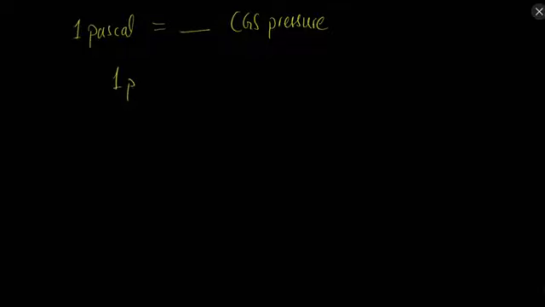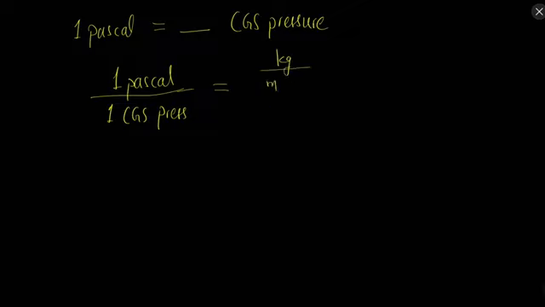Just divide the two things, 1 Pascal upon 1 CGS pressure. Now it will be equal to kg upon meter second square, and 1 CGS pressure was gram upon centimeter second square.